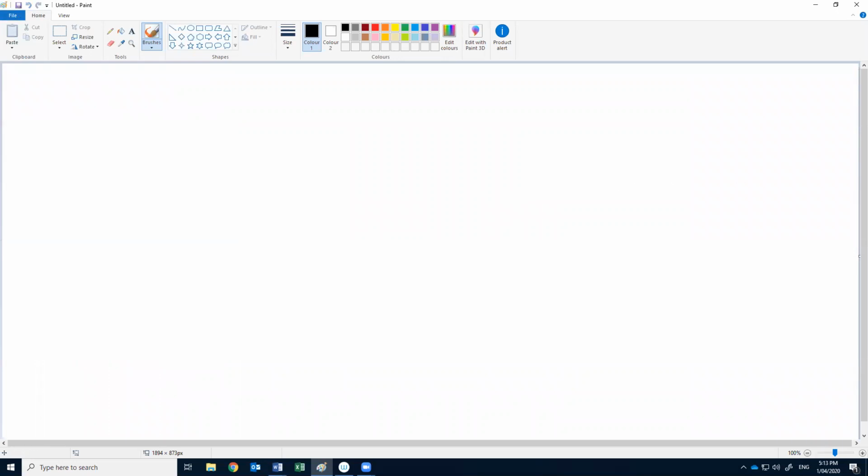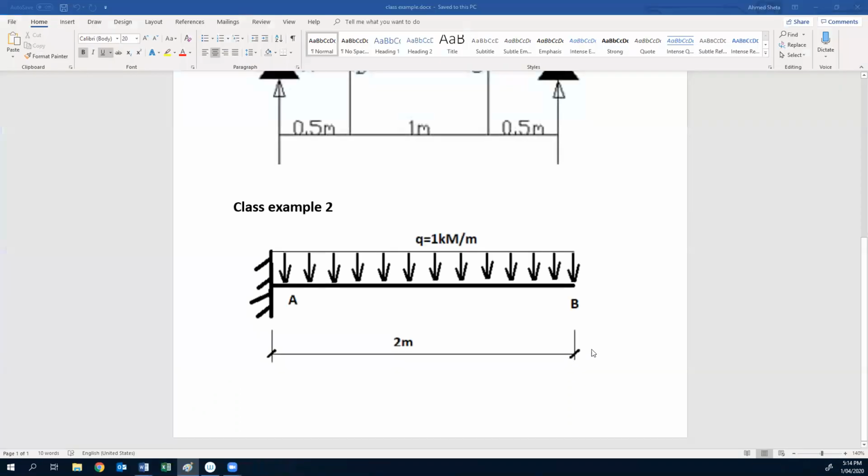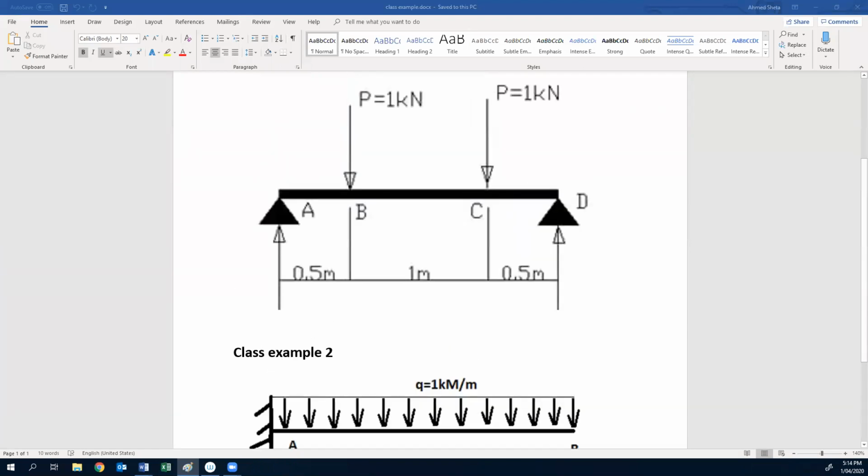Yeah, I'm hearing you, Ron. Why was it 1 kilonewton meter in the moment diagram, not half? Okay, yeah, half, sorry. You're right. One kilonewton by 0.5, so the moment will be 0.5 kilonewton meter.